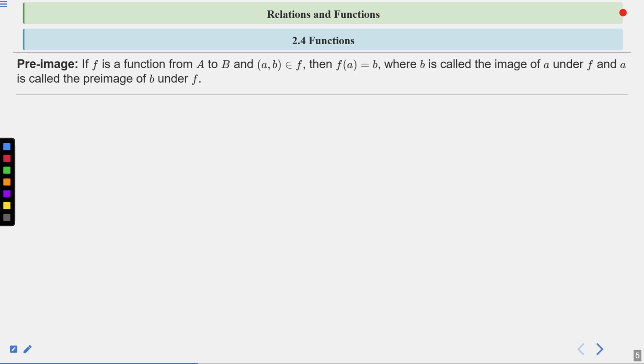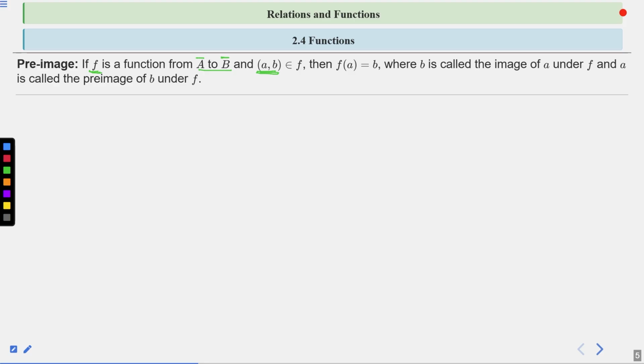So some related terms. Preimage. What do we mean by preimage? If F is a function from A to B, meaning this is your relation, this is your set which is a subset of A cross B. So elements of this relation F are of the form ordered pair (a, b), where a belongs to set A, b belongs to set B. Clear?